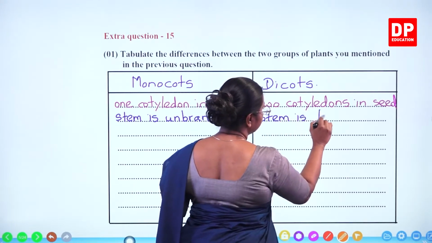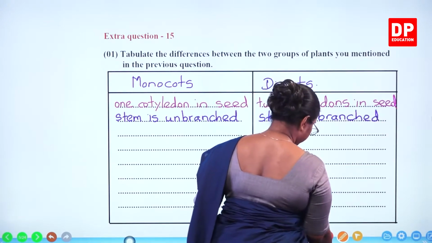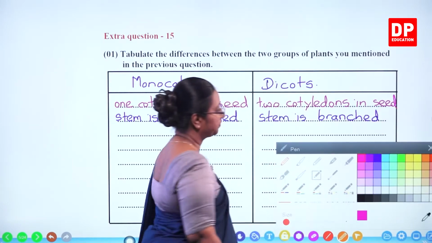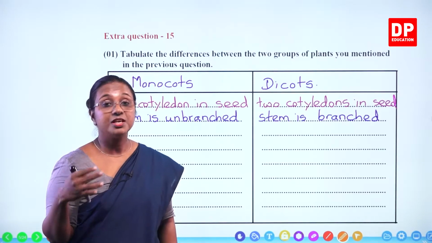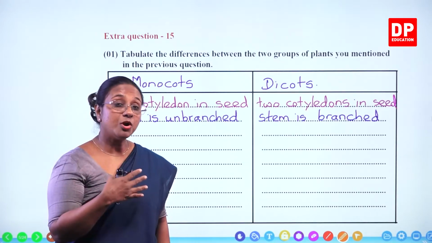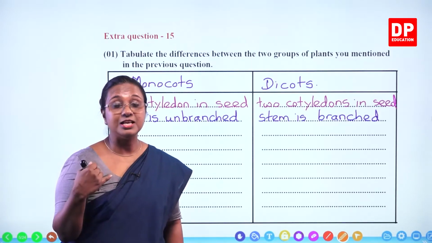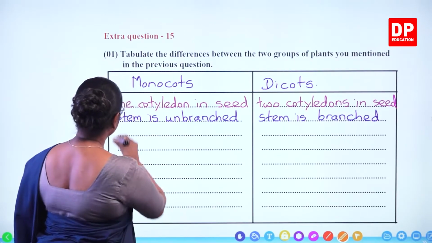Then on the stem's branches, there are leaves. If you consider the leaves, leaves have venation. In monocots, there is parallel venation in leaves, and in dicots, there is reticulate venation in leaves.